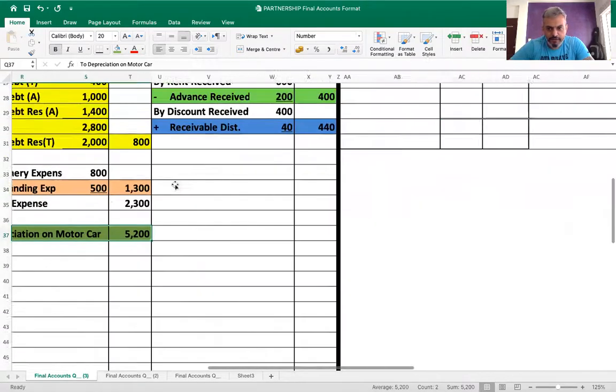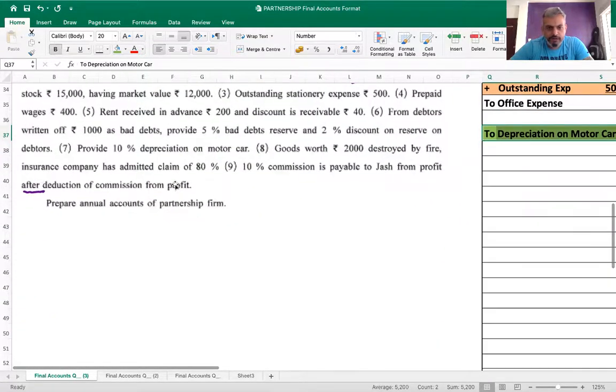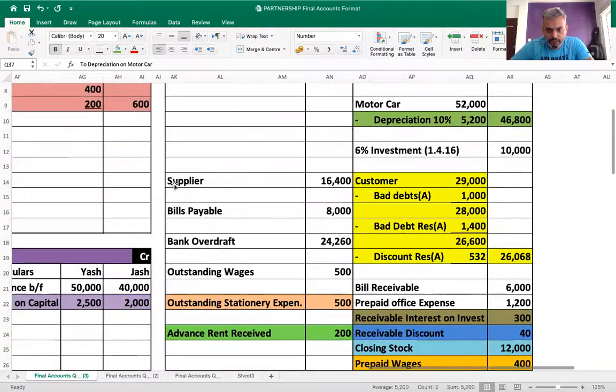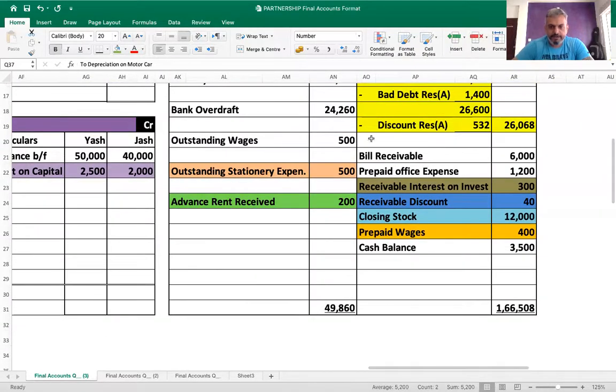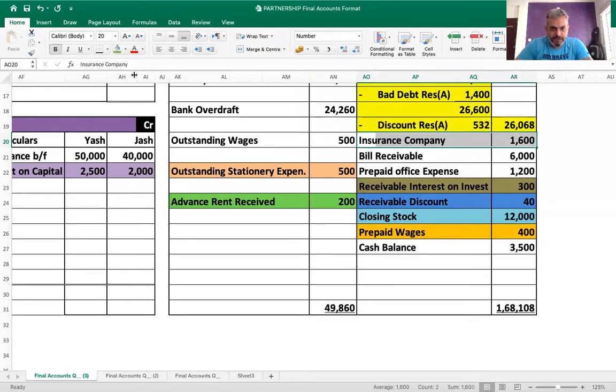So insurance company 80% claim accept किया. So 2000 का 80% is 1600. So insurance company balance sheet asset 1600. Receiver of claim debit, the receiver balance sheet asset side.